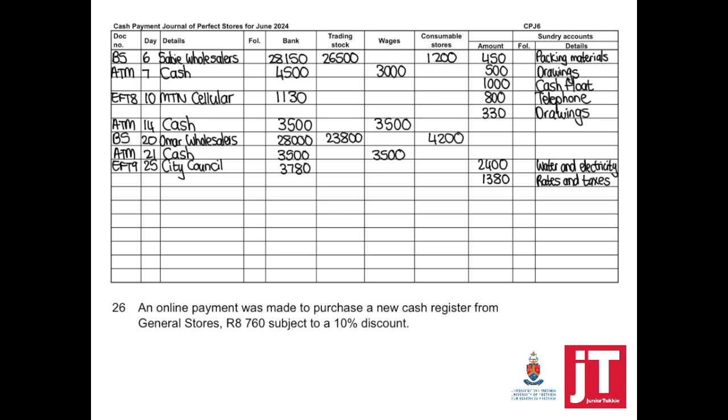Day 26. An online payment was made to purchase a new cash register from General Stores, 8,760, subject to a 10% discount. Please remember that discount means paid less on items purchased. When we give discount to customers, we need to show how much the customer is going to pay us less the discount.